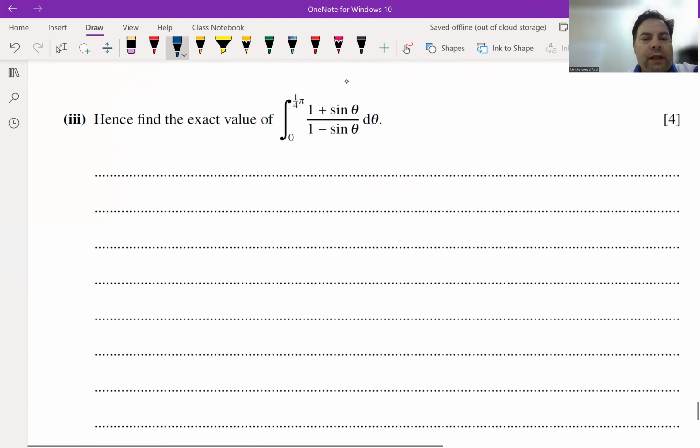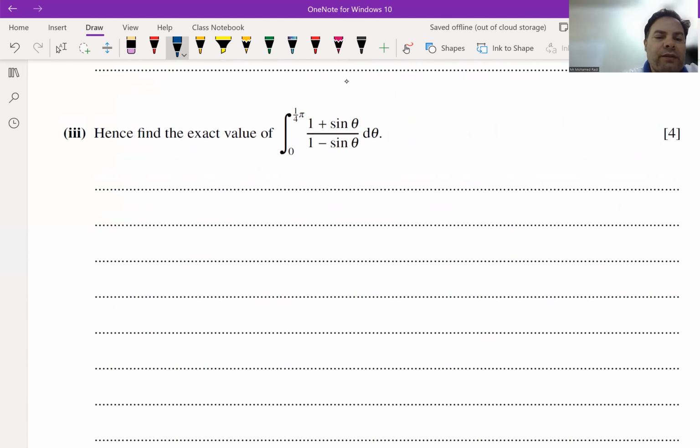Hence, integrate. We have integration with limits 0 and pi over 4. Sure, because we have part 1 and part 2, don't forget to use them in part 3. Even the examiner wrote 'hence', which means you have to use part 1, part 2, or both to solve this question.